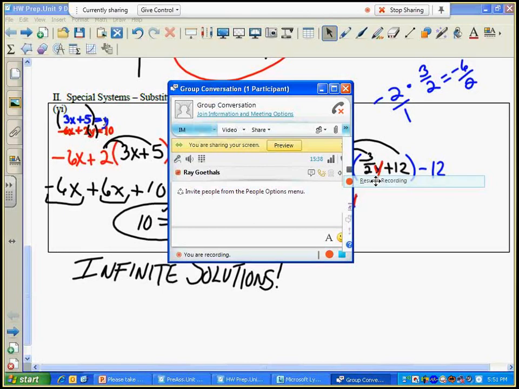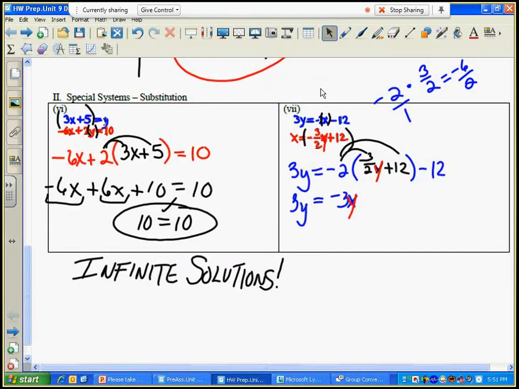Okay, found my goof. This right here is a negative 3 halves y, which means that should be a negative, which means that's going to be a positive 6. So what we really have here is not a negative 3y, but a positive 3y. Okay, I'm back in business.